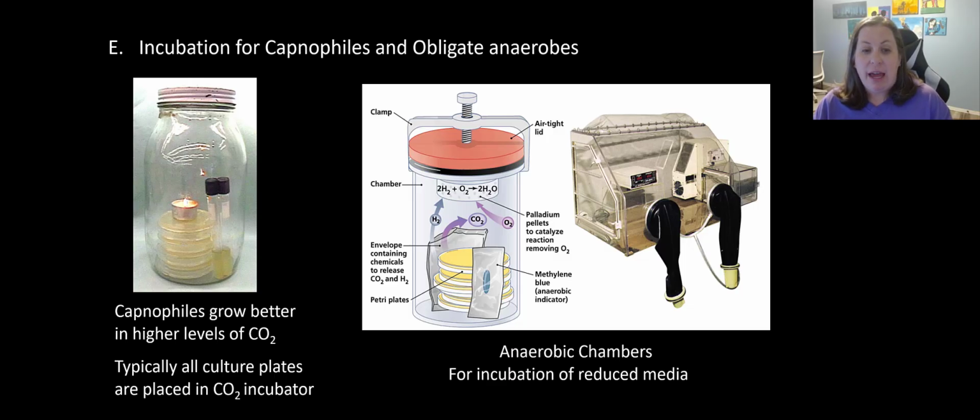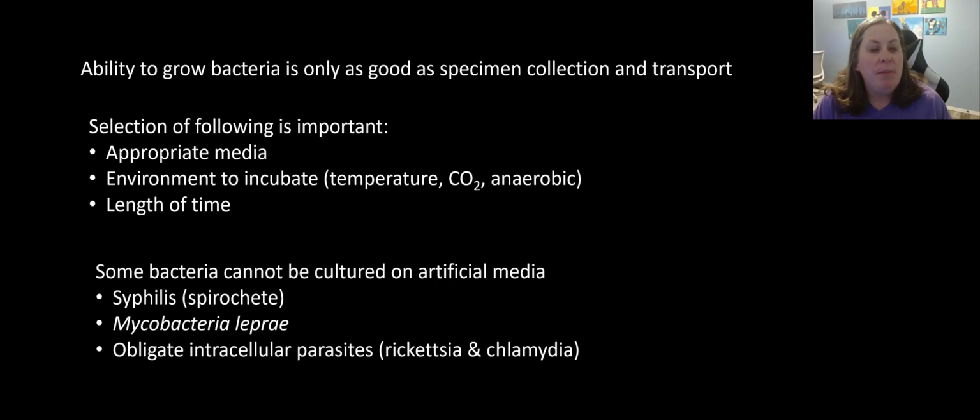But there are different apparatuses that can also be used in chambers, like you see here in this other picture. These are again for incubation, especially for reduced media, and this would make sure that oxygen levels are not too high. So the ability to grow bacteria is only as good as the specimen collection and the transport that you do. And so this is why it's really important to pay attention to aseptic techniques, which we've talked about in our lab sessions from Unit 1.